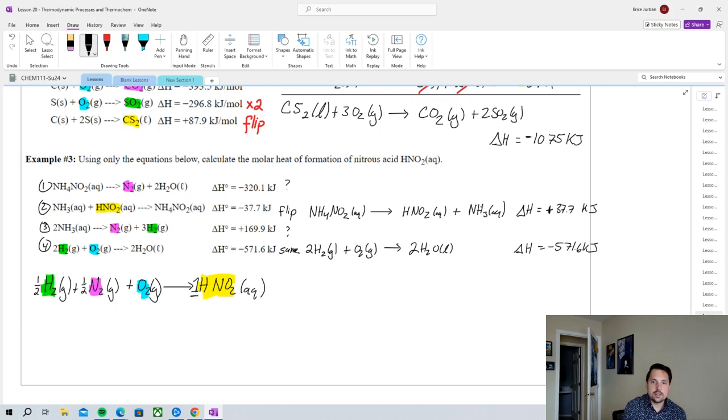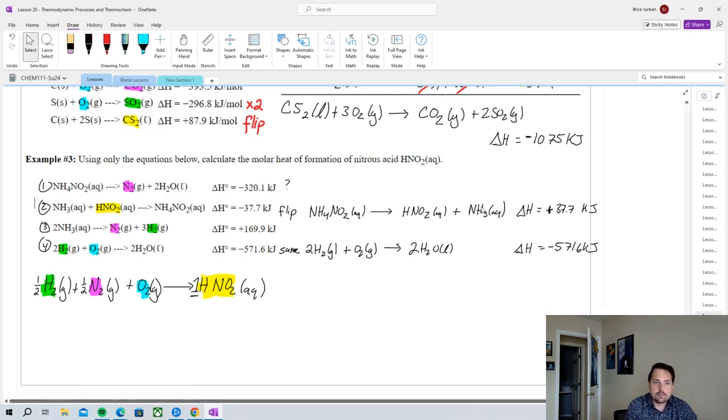We also want to make sure that the ammonias cancel as well. So if I need to have this reaction kept in the same way so that I have ammonia on the left and on the right, what I will do is multiply this one by 1/2. And I'll show you why.